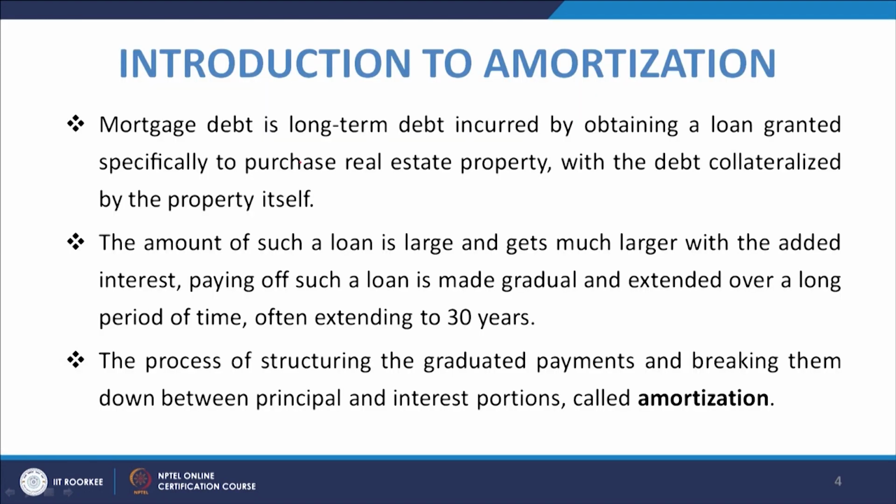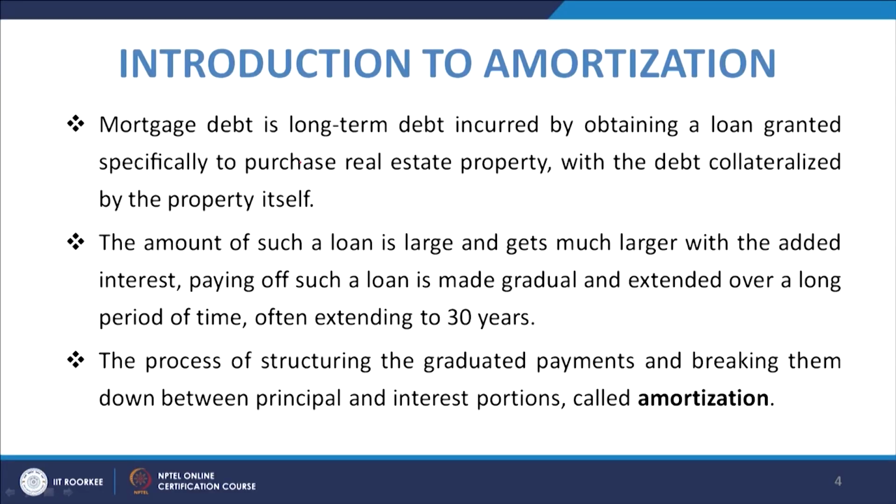Then another thing which we need to understand further is the concept of amortization. Basically that is again a debt, the mortgage debt, which is a long term debt incurred by obtaining a loan granted specifically to purchase real estate property. Nowadays this is very common.